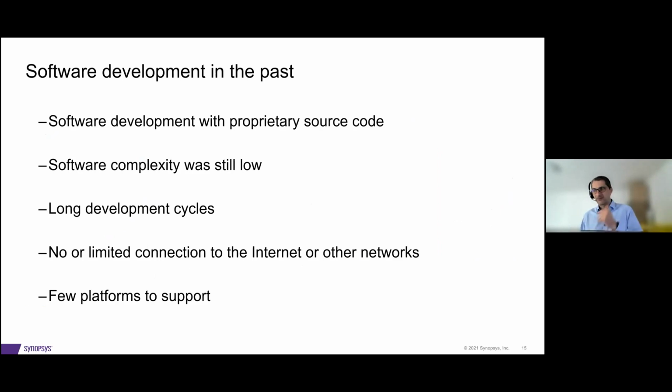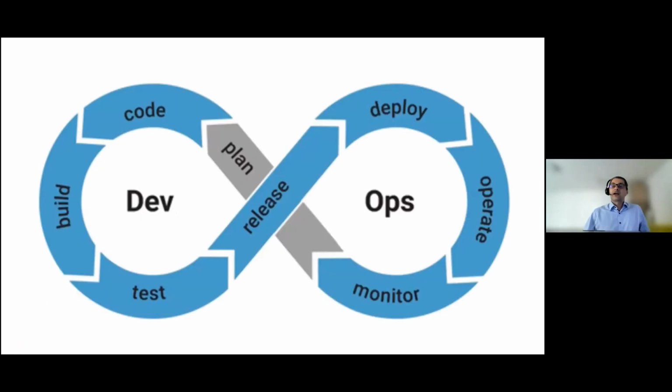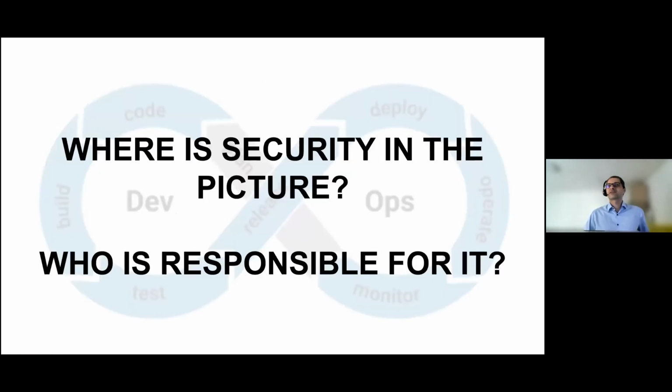We did not have many platforms to use or support. We had long development cycles, whereas we now try to compensate for the faster living software with DevOps, for example, right? So we went from developing in waterfall into the DevOps life cycle, right?